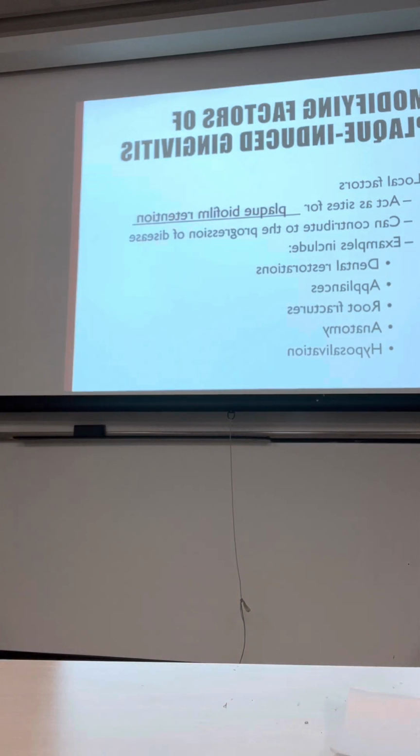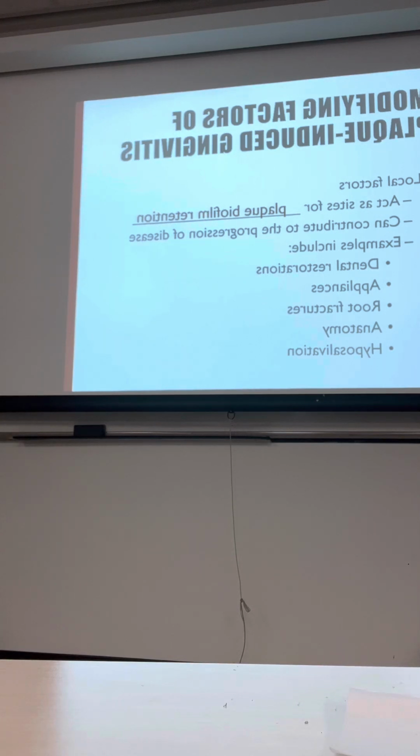So modifying factors could be localized or systemic. We'll start with localized first. These factors will obviously contribute to disease because their presence is collecting more plaque. And we know plaque is the root of the problem, right? So examples can include faulty restorations, or even if they're not faulty, they're just there and the patient doesn't want to clean it, that can be a modifying factor.